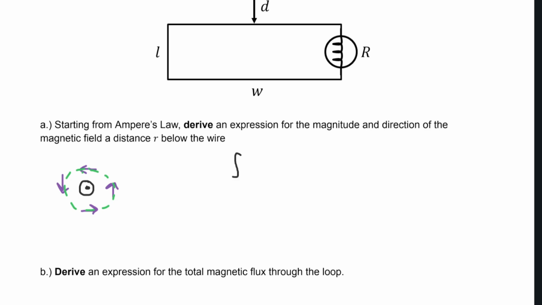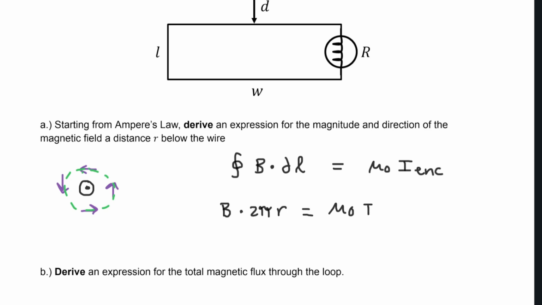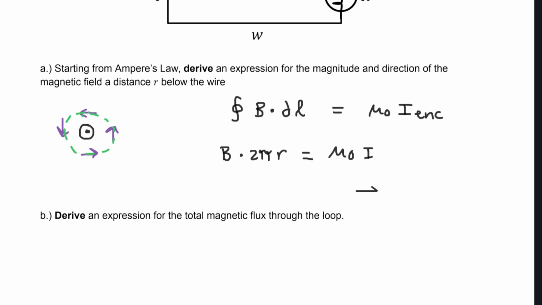We could just say that the line integral of the magnetic field, which we've been calling circulation, is equal to mu naught times the current enclosed. So we have a field of B circulating for 2 pi r, and then the current is just I. So we get, for the millionth time, our familiar formula for B from a wire, mu naught I over 2 pi r.